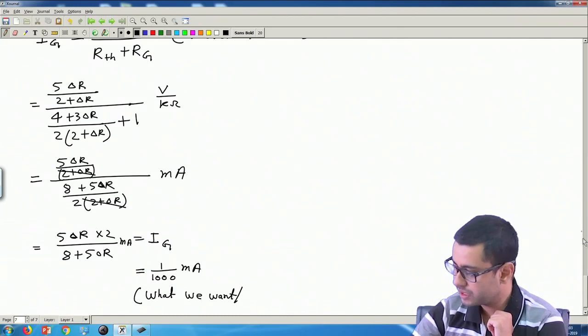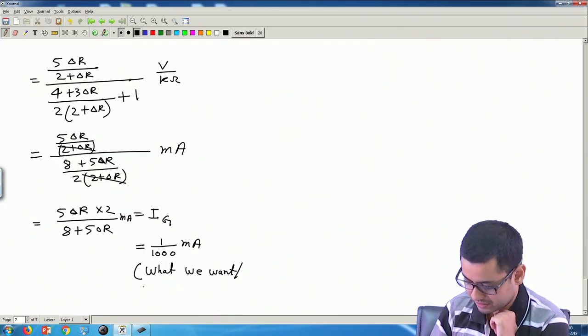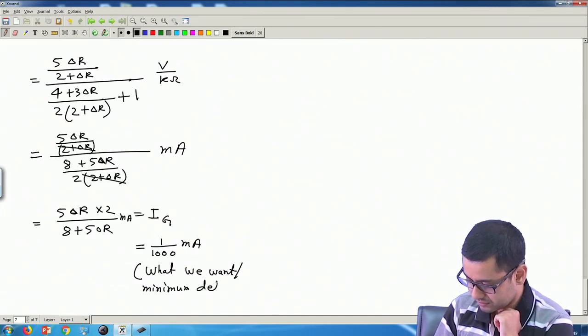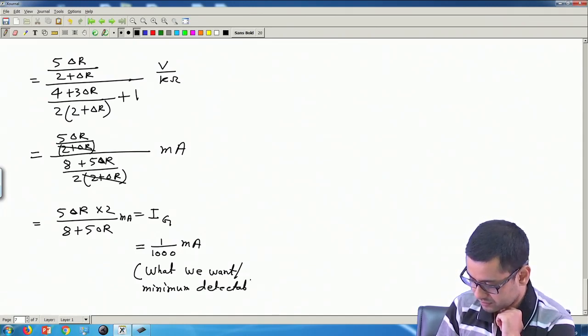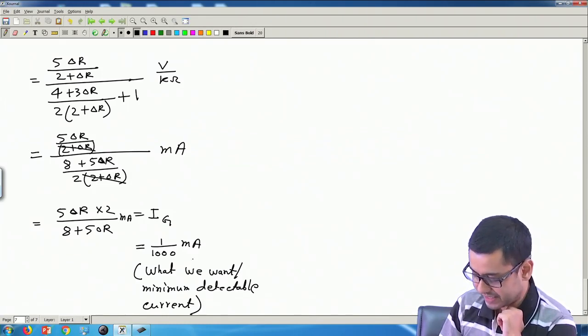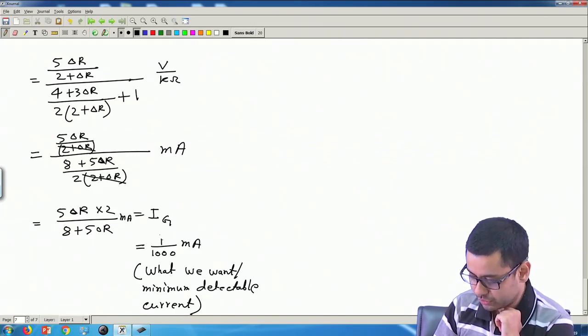This is the minimum detectable current, the minimum current that we can detect. So the question we are asking is: for what value of delta R will this current be the same as the minimum detectable current, 1 over 1000?